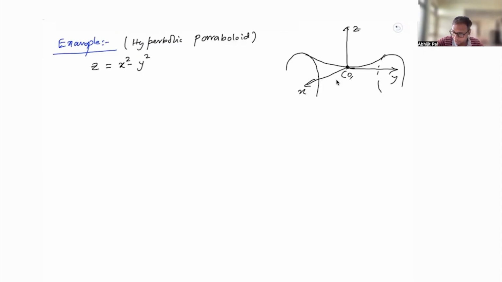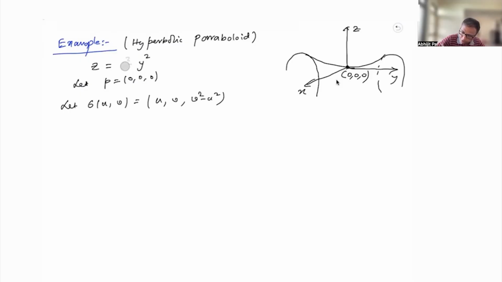This point is the origin, so let us take this P to be my origin. We can give a parameterization of this surface. Let sigma(u, v) be equal to (u, v, v square minus u square). So here this paraboloid is z equals y square minus x square.